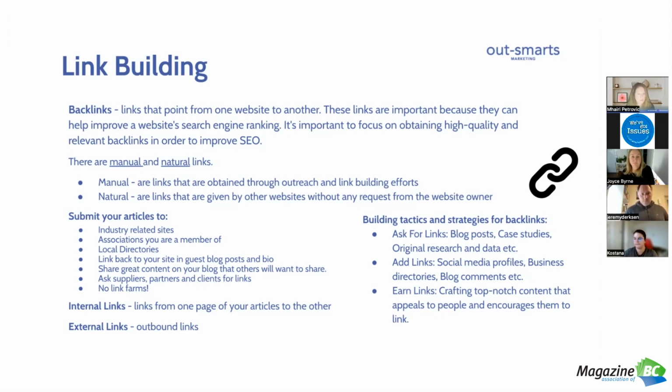Again, those might be links to give people more information about where you found your information when you were writing the article, so sources or references. Again, those are important. You don't want to have too many of them in your articles, but you also want to make sure that the link works. Because if they're broken, as I said, that's a technical SEO factor that's a red flag for you.